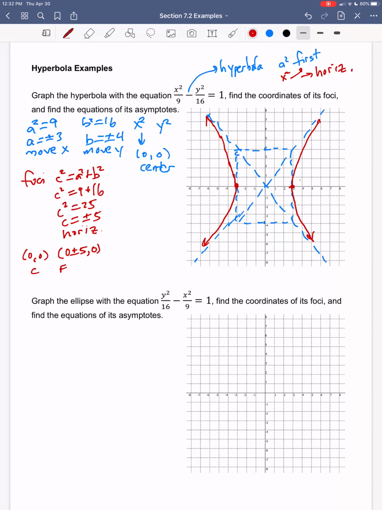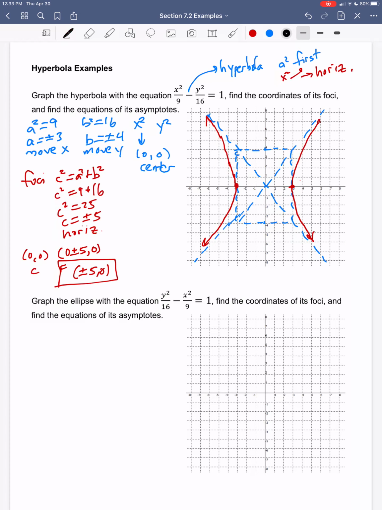The y direction is going to stay 0. We'd start here at the center in the graph. That 5 is how much I'd have to move in the x direction. So I'd move 5 to the left, that would bring me to negative 5. 5 to the right would be positive 5. So my foci are at plus or minus 5, comma 0.